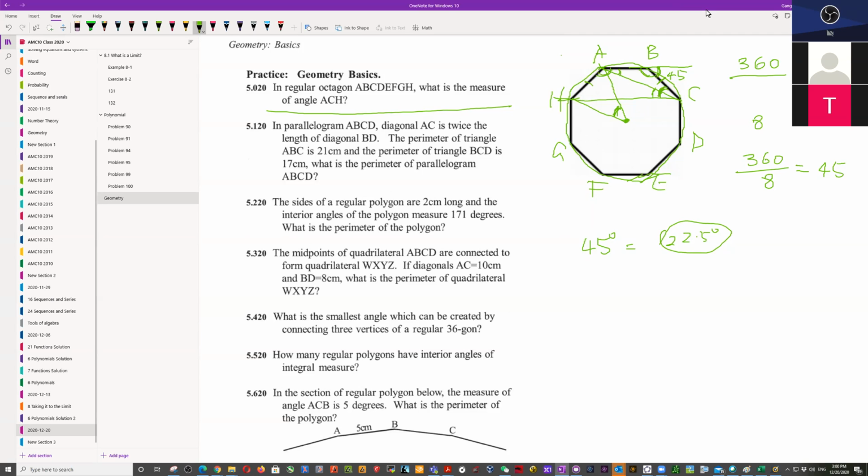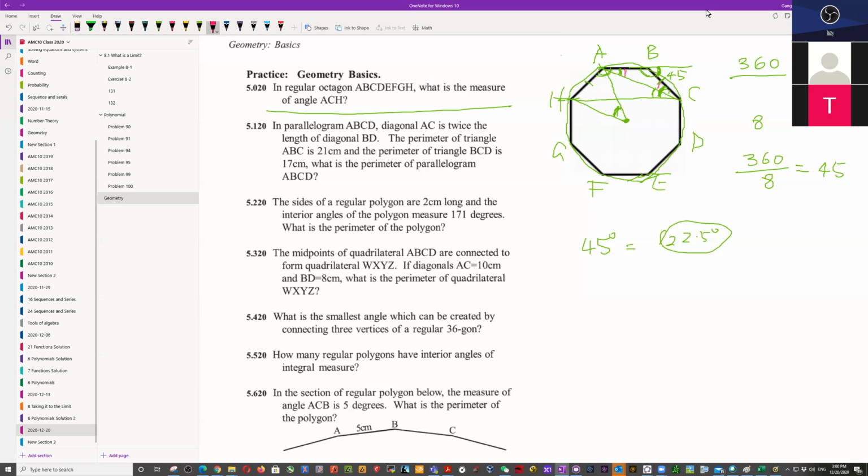And then I can calculate this because this is an isosceles triangle. Isosceles triangle, so basically, I know this 45 is the exterior angle, and those two, let me use a different color, those two are the isosceles triangle's two interior angles.